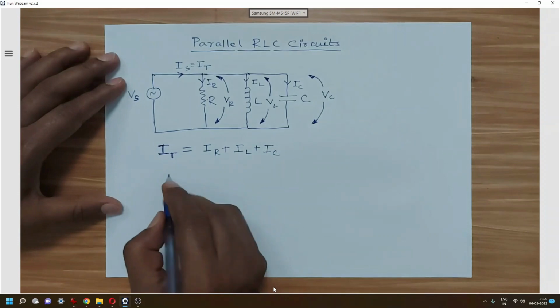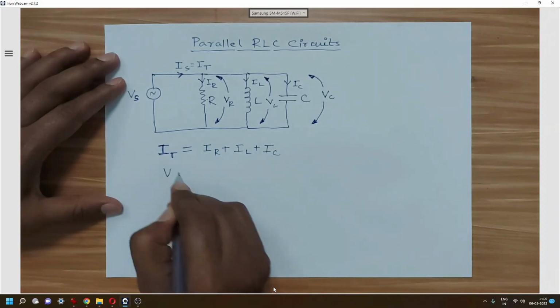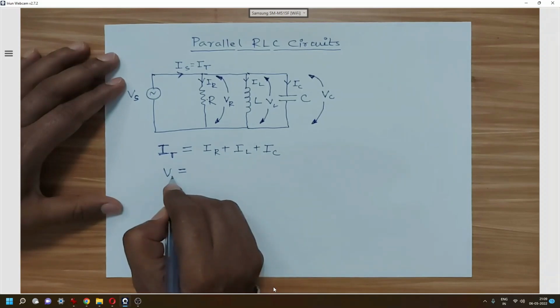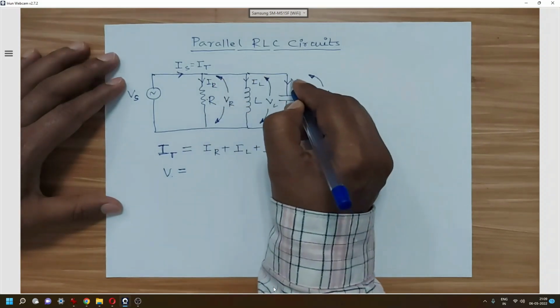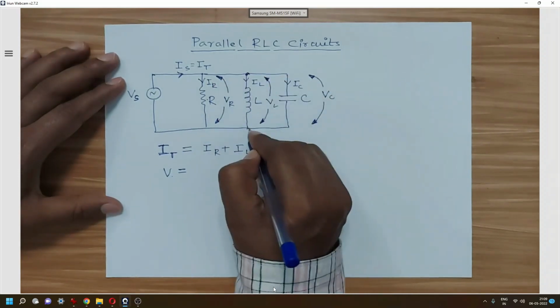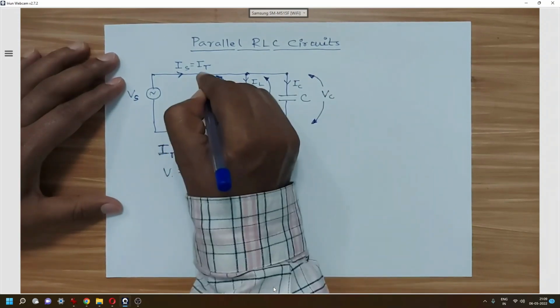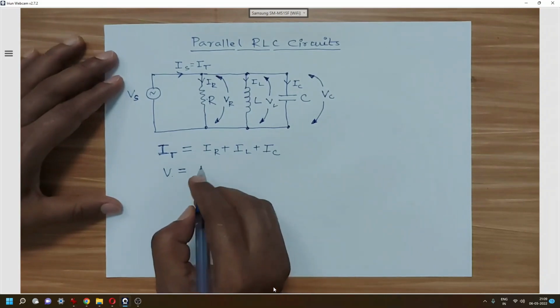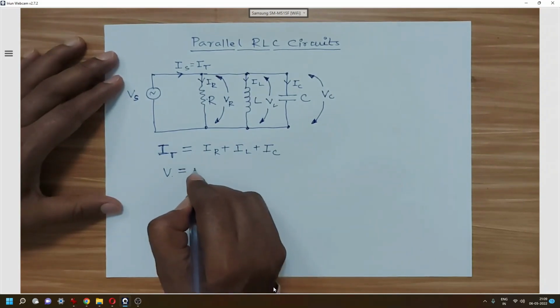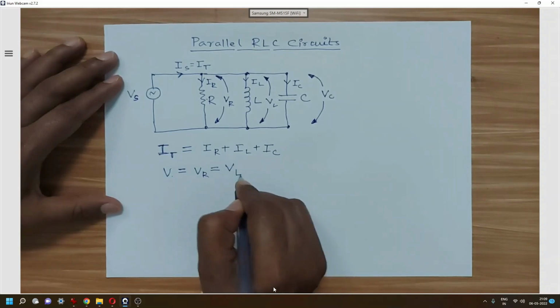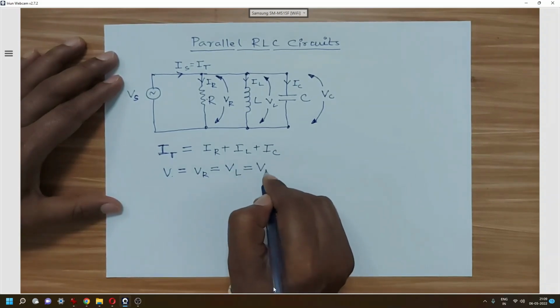Now here you can see from the circuit that V equal to, that is the voltage across all these elements. Because here you can see that these voltages are constant, so we can write that VR equal to VL equal to VC.